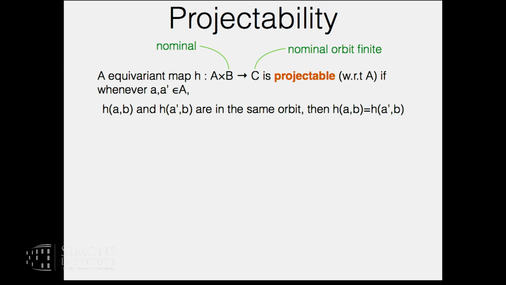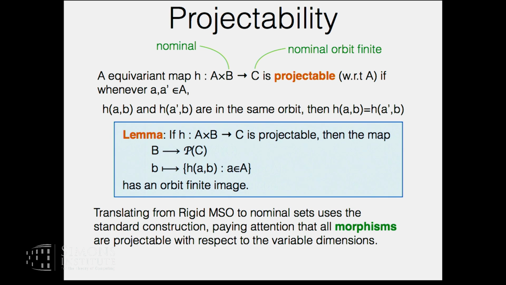Essentially this says that whenever you project to remove a piece of the information, if you reach the same orbit, then you have to be equal. And if you have this property, then the power set is infinite, but the elements that you really need are orbit finite.